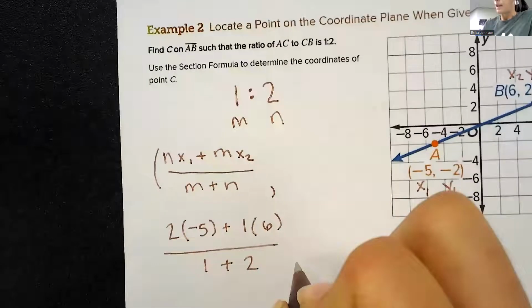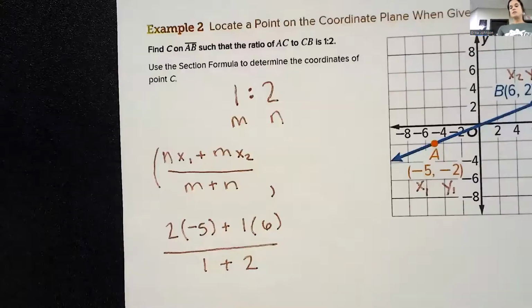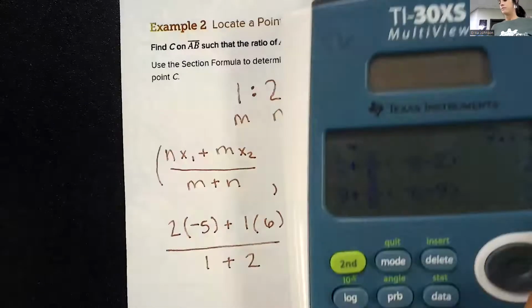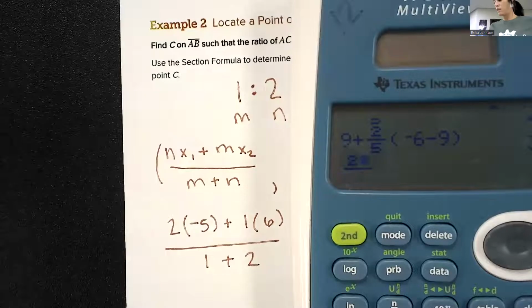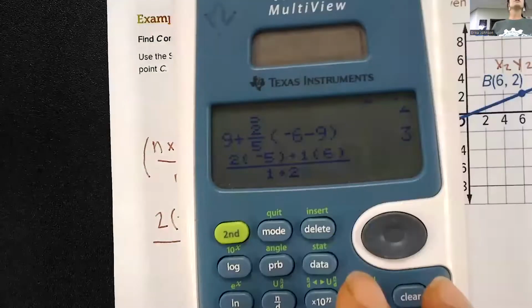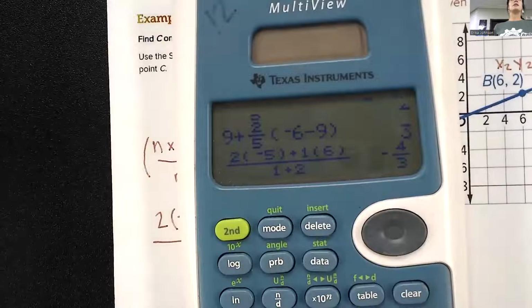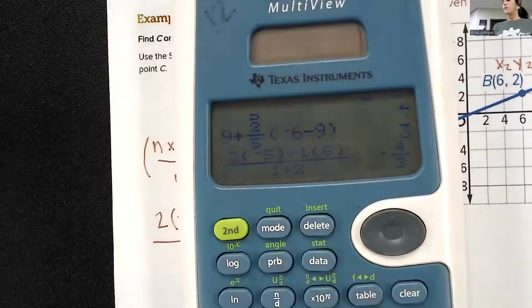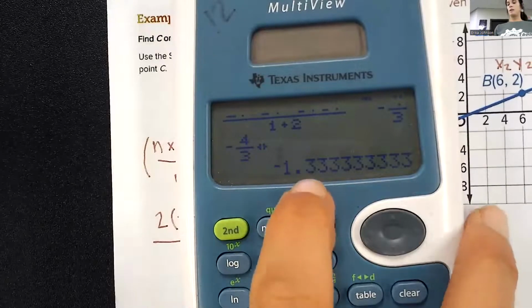Then let's solve that. Fraction button, 2 times -5 plus 1 times 6 over 1 plus 2. I typed it in just like I wrote it down when I plugged it in. That gives me -4/3, or -1.3 repeating.